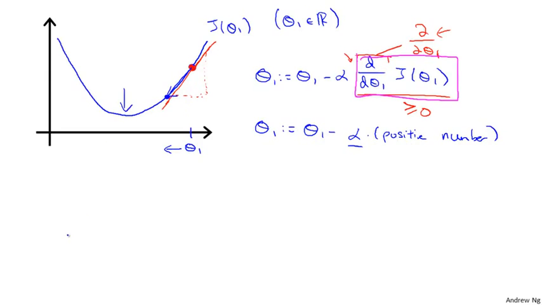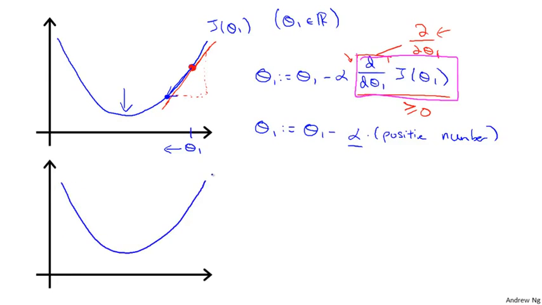Let's look at another example. Let's take my same function J and draw the same function J of theta 1. Now, let's say I had instead initialized my parameter over there on the left, so theta 1 is here, at that point on the surface.